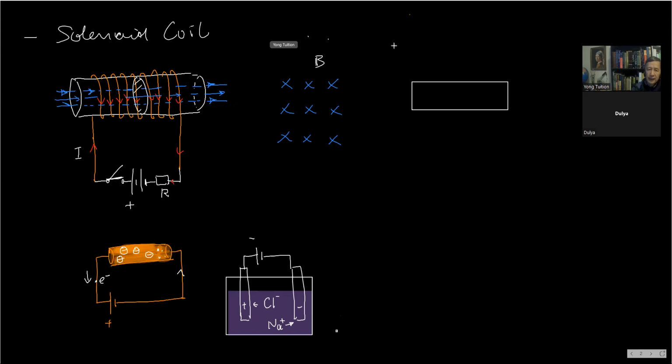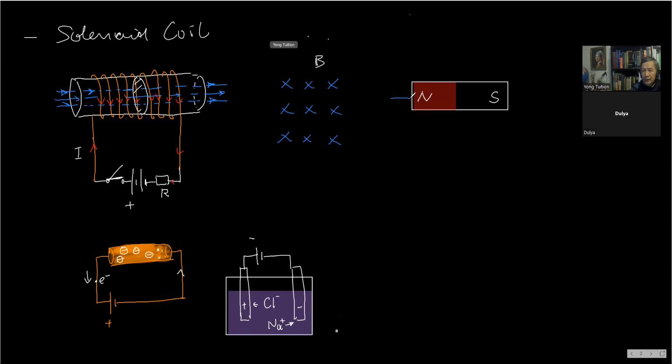Can we consider another example which we discussed before we started the solenoid, which is a permanent magnet? Can you see? So this is a permanent magnet. This is the north, this is the south. Do you remember the distribution of the magnetic field of the permanent magnet?